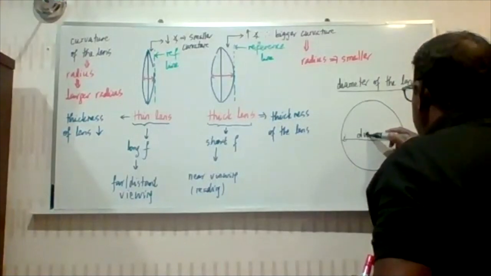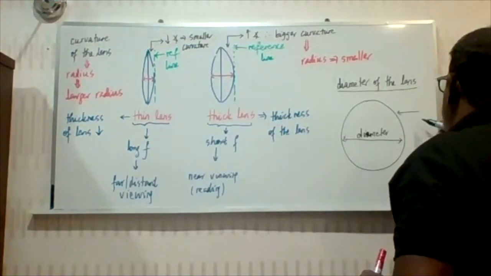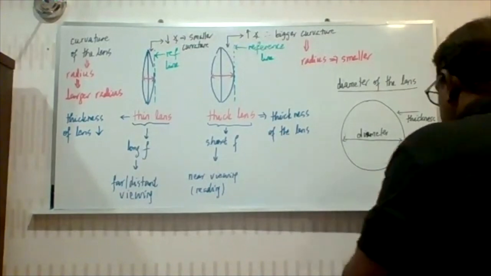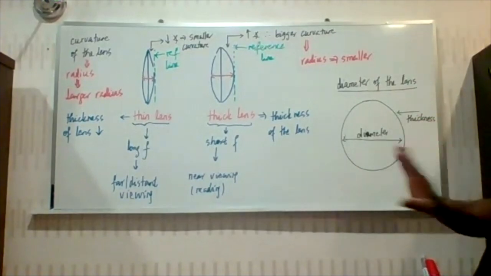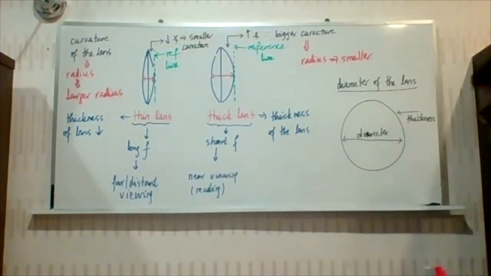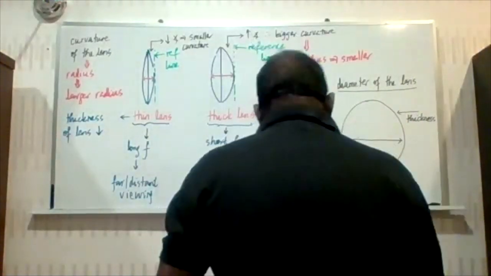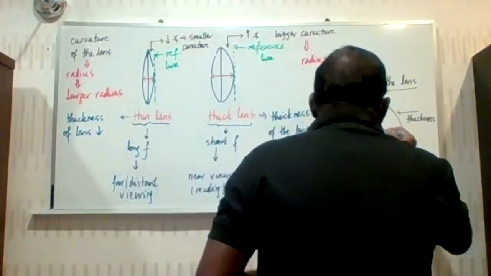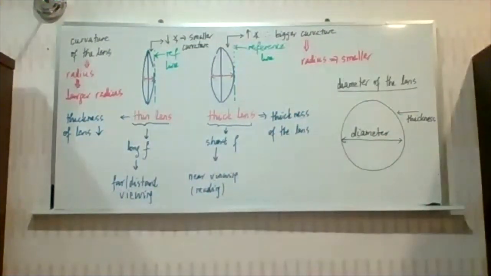This way is the thickness of the lens, looking at how thick the lens is from the side. The front view gives the diameter. I already cleared all these ideas so that you know exactly what the properties of the lens are and how to refer to the lens.